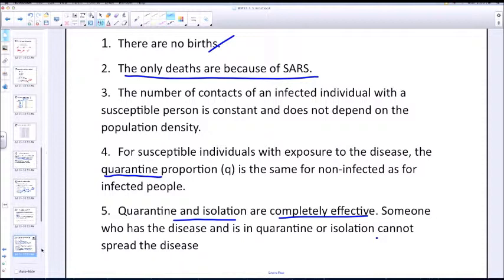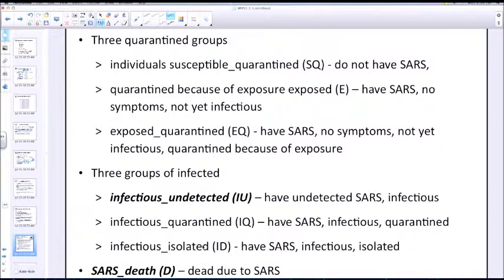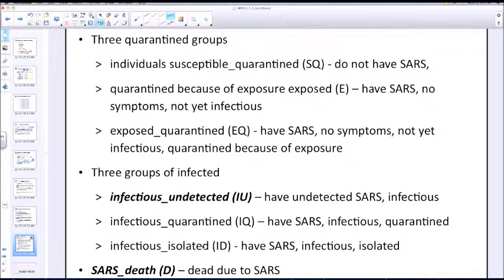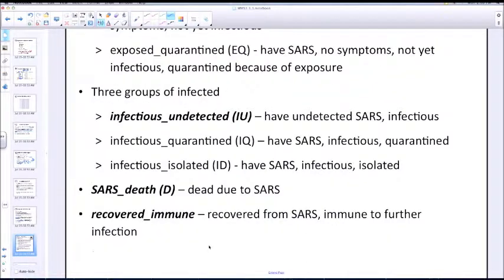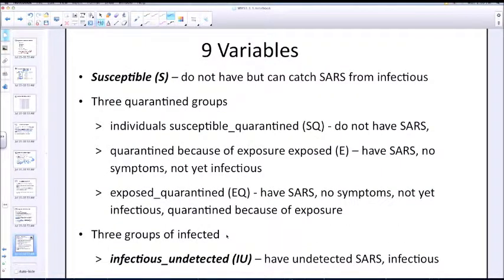Well, with all those assumptions, we no longer have only 3 variables. Instead, we're going to have 9 unknown functions. These include the same group recovered, the easy one first, and the susceptible, that's the same.